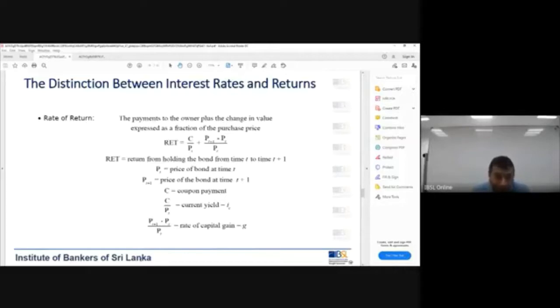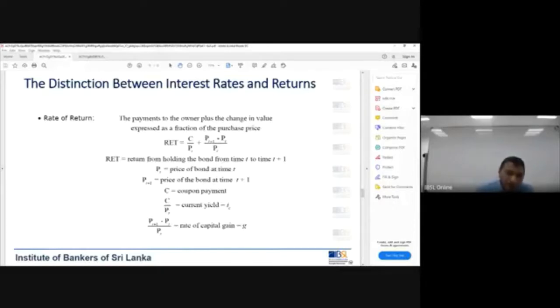If you hold it for quite a long period of time, you know the treasury bonds are even up to 30 years, even up to 50 years. Not in Sri Lanka, but in other countries. Some countries have so-called perpetuity. Perpetuity is nothing but there is no defined maturity time.